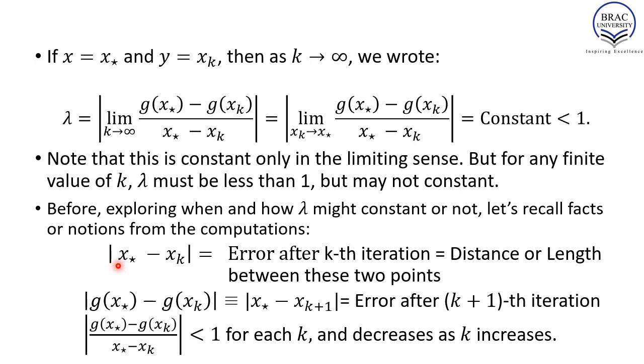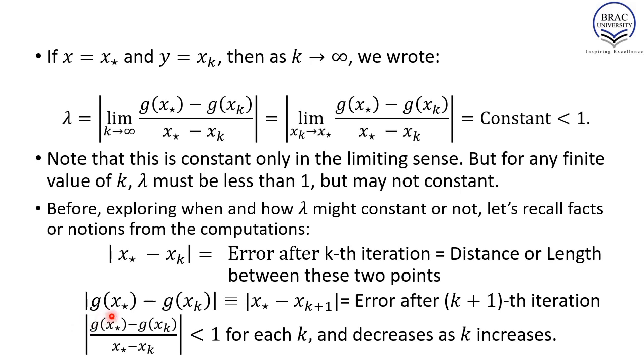First, some definitions. |x* - xk| is known as the error after the kth iteration. That means error means deviation from the actual value or fixed point, and this is also equal to the length or distance between these two points x* and xk. That is a geometrical interpretation.